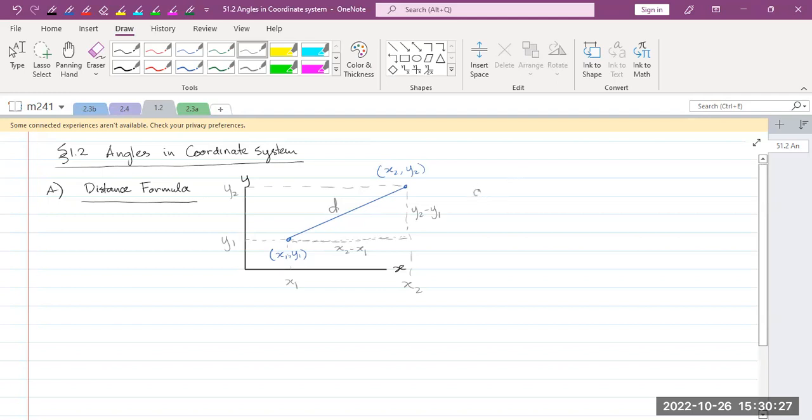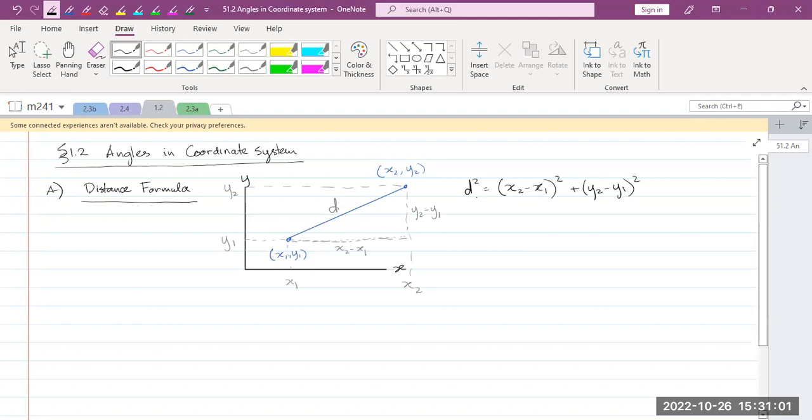So the distance squared equals x2 minus x1 squared plus y2 minus y1 squared. If you are given two coordinates and asked to find the distance, I tend to use this formula first, and then after you're done with the numbers, you do the square root.